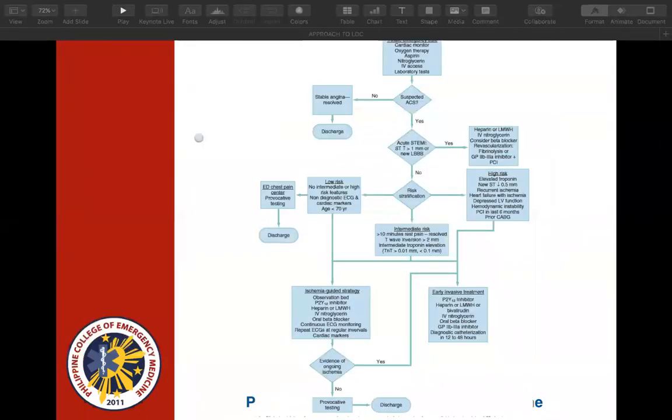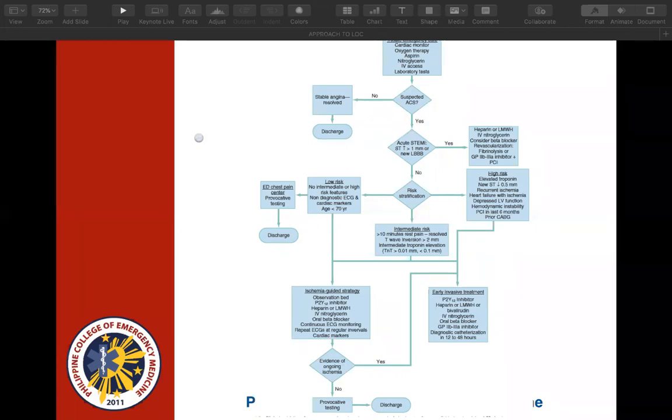So these are the clinical guidelines for emergency department management of chest pain of myocardial ischemic origin. Once a cardiac origin is determined, you can already give aspirin, nitroglycerin, get an IV access, and do some laboratory workup. If you're suspecting ACS, or acute coronary syndrome, check the 12-lead ECG.